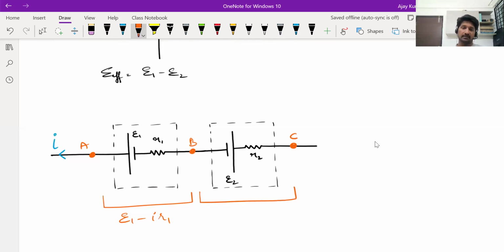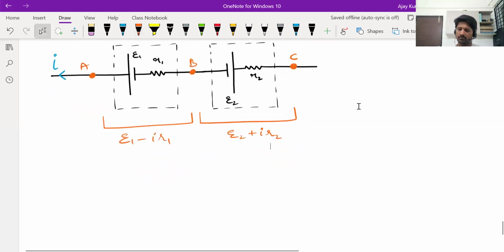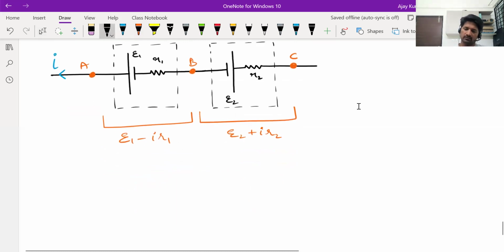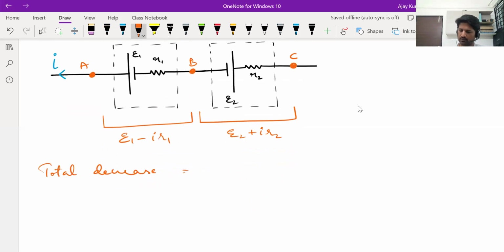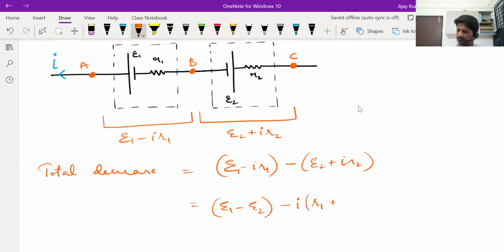For the second cell, this current is reverse flow of current. Then it will be E2 plus IR2. Now go from A to B, then to C. The total decrease in potential will be, first it decreases by E1 minus IR1 across the first cell. Then it decreases by minus of E2 plus IR2 across the second cell. Then it is effectively like E1 minus E2 minus I into R1 plus R2 itself.